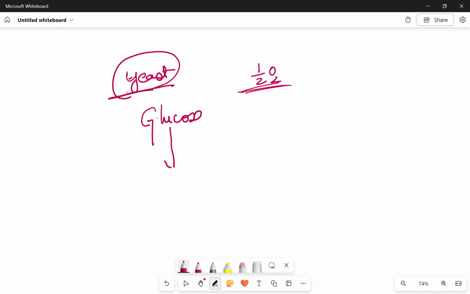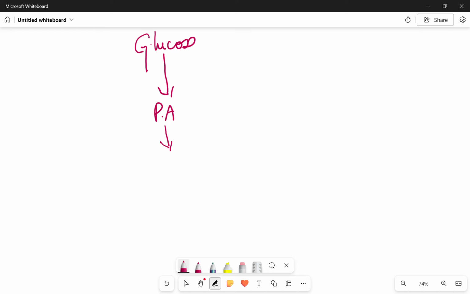We know that glucose through glycolysis forms pyruvic acid. This pyruvic acid undergoes decarboxylation and forms acetaldehyde.